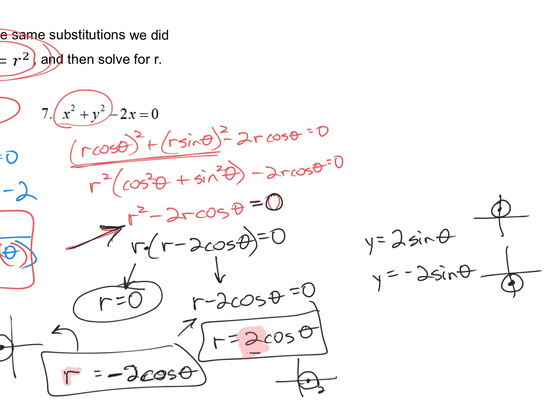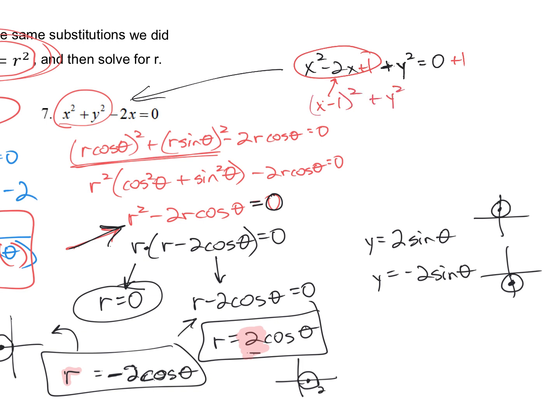Okay. Now, if we had taken that equation and gathered our x's together and completed the square here, I take half of negative 2, which is negative 1, square that, I get positive 1. Add 1 to both sides, then this factors to x minus 1 squared plus y squared equals 1.